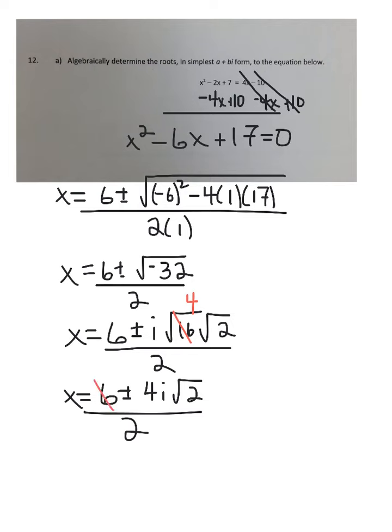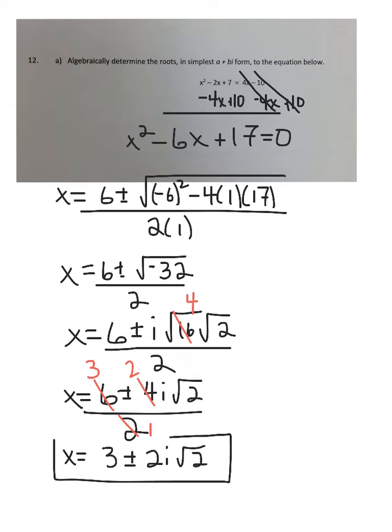So I see that 2 goes in here 3 times, 2 goes in here once, and 2 goes in there 2 times. Okay. All right, so let me just rewrite this. And I've got x equals 3 plus or minus 2i radical 2. And that would be my answer.